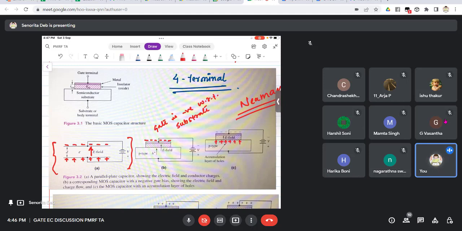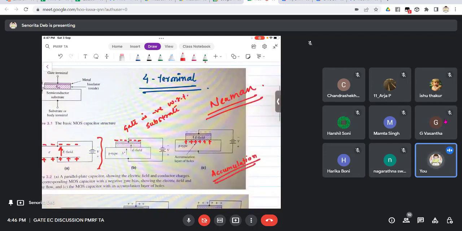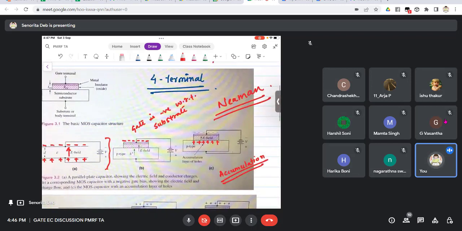This is also known as the accumulation phase of the MOS capacitor. When you give a negative bias on the gate with respect to the substrate, what you see is accumulation of charges. So P type is filled with holes. When you put negative voltage, the electric field will cause all the holes to come towards it.